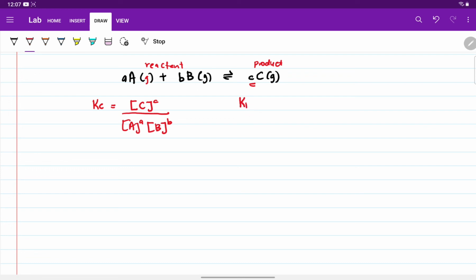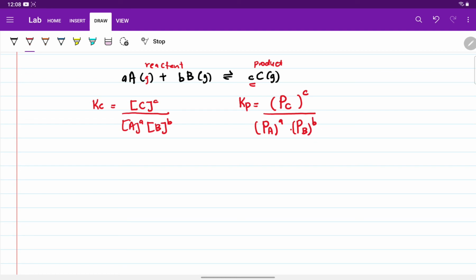Kalau Kp expression pula, kita akan ambil kira partial pressure dan hanya untuk gas sahaja. So, masih lagi product over reactant. So, partial pressure of gas C, okay, kurungan biasa, to the power of c over reactant, partial pressure of gas A to the power of a times partial pressure of gas B to the power of b.